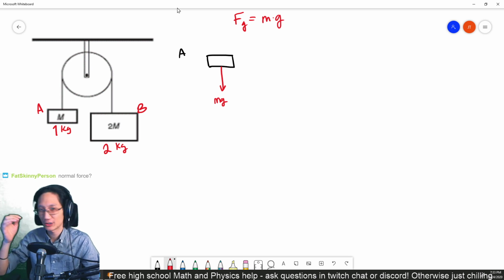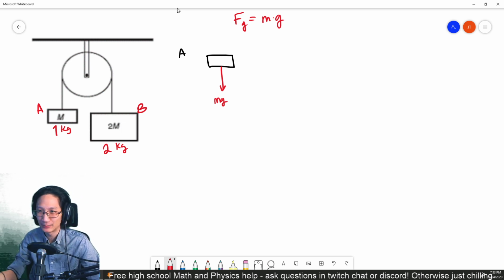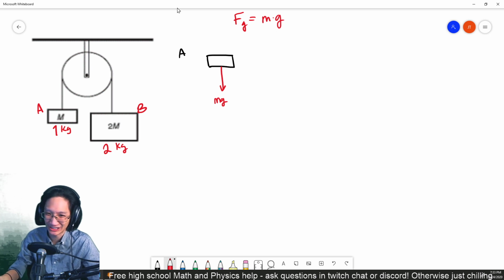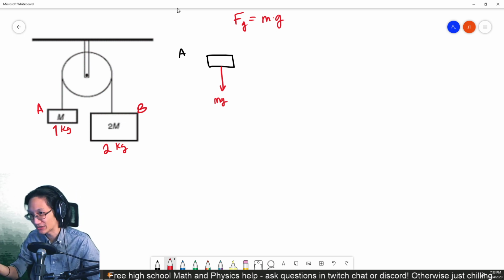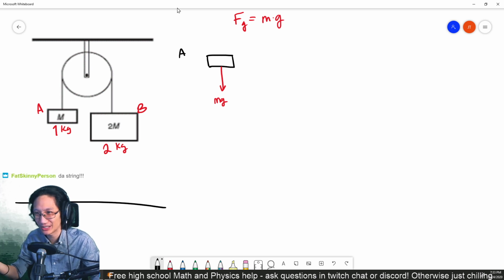So when you're thinking about objects in your physics problems, you want to think, okay, what is my object actually touching, right? What is block A actually touching? Is it touching the ground? No, right? It's hanging above the ground, way up here dangling from the ceiling. So there's no normal force, but it is touching the string.